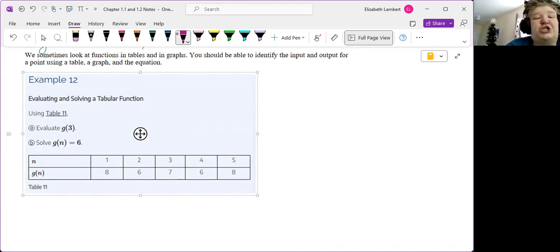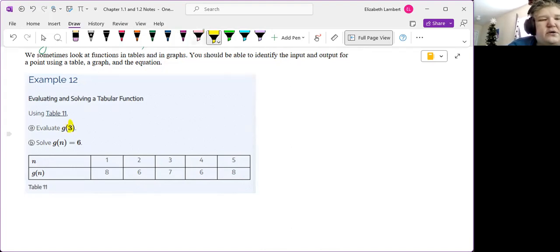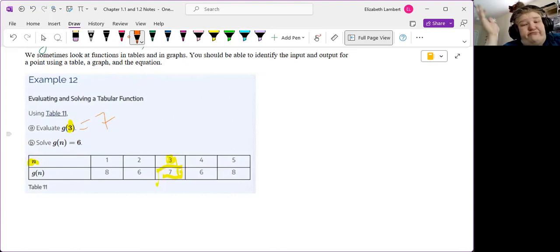All right, so g of 3, 3 is the input. I look, my table has the labels n and g of n. 3 is n. So I go over here and look, there's my 3. And the table tells me 3 is mapping to 7. So g of 3 is 7. Cool.